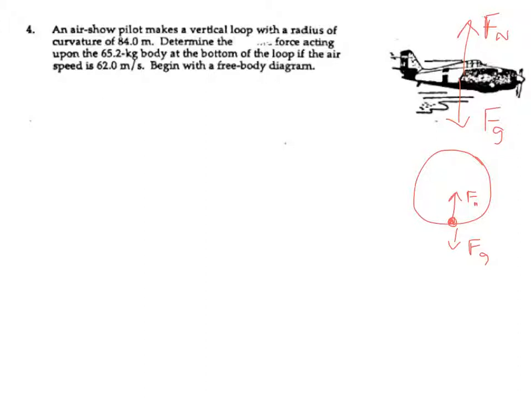So we can say that the net force equals mass times velocity squared over r. And the net force, we're going to plug in our two forces. We've got normal force acting towards the center of the circle, so I'm going to write that force first. And then I'm subtracting the weight, which is acting against it, and then setting that equal to mv squared over r.